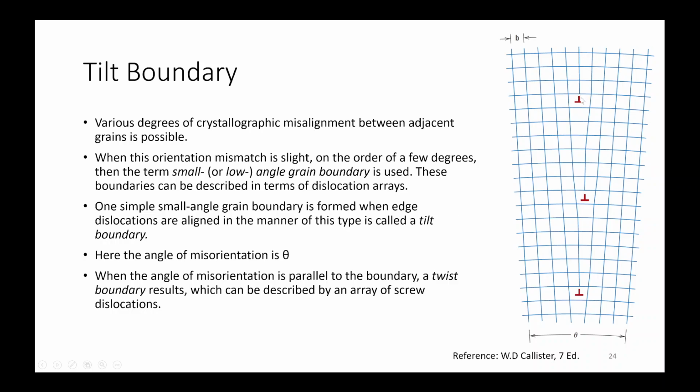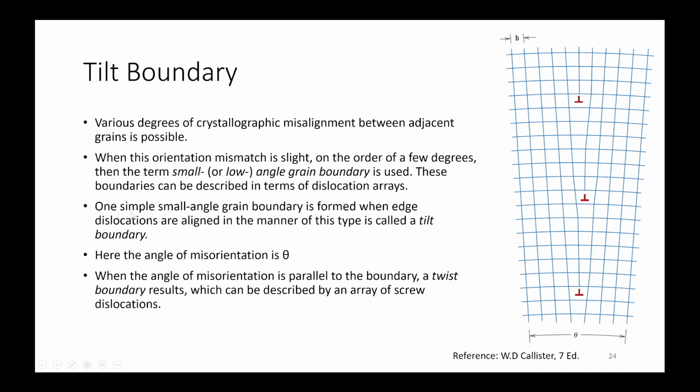Because of the formation of these types of dislocations, there will be misalignment. This can be given as theta, and when the orientation mismatch is slight, on the order of a few degrees, then the term small or low angle grain boundary is used. For example, it is given relative to 5 degrees or 10 degrees. If it is higher, then it will be a large angle or high angle grain boundary. So these boundaries can be described in terms of dislocation arrays.